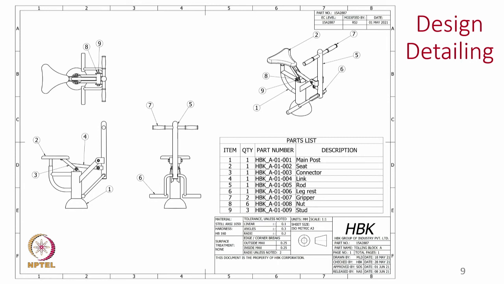Of course, you need to specify what kind of drawings you need, whether at an assembly level or component level, and which views you are interested in communicating your design. But the good thing is once you develop a solid model, you can use the same model to develop these design details. You need not start again from scratch like what we do on paper.